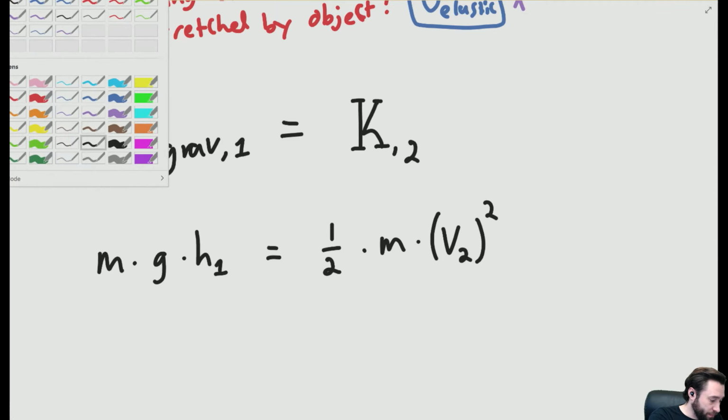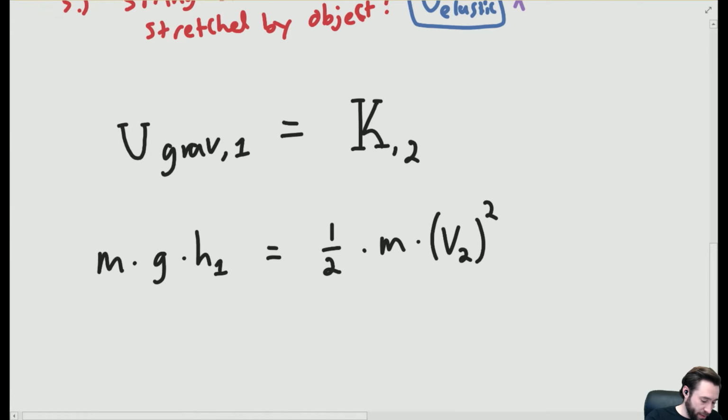Now, can anybody tell me why I put a 1 for the height and a 2 for the velocity, but I didn't put anything for mass or gravity? So the difference between mass and gravity and the height and the velocity is that, exactly, just what Josh just said, the mass and the acceleration due to gravity are held constant throughout this scenario.